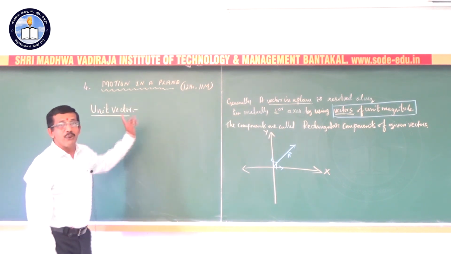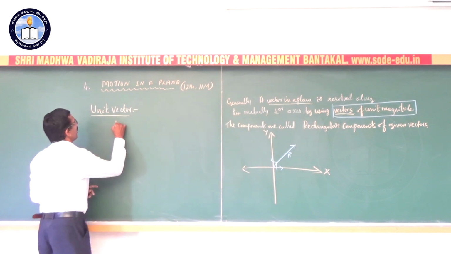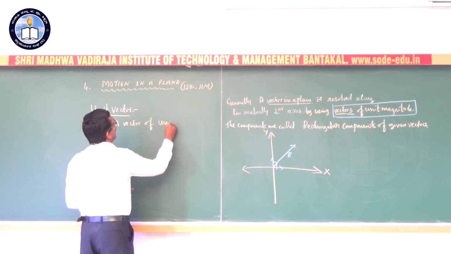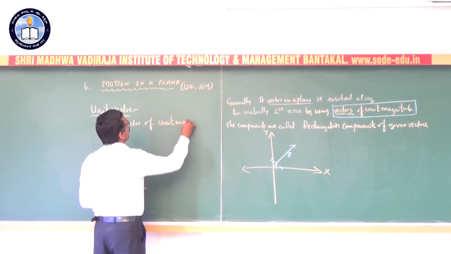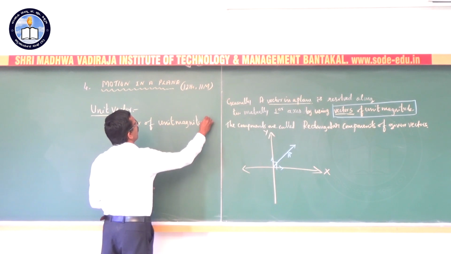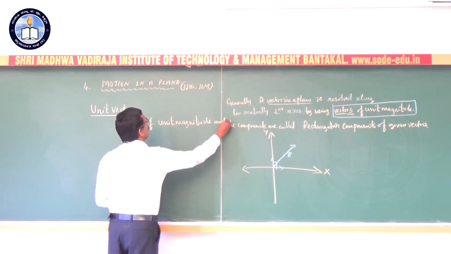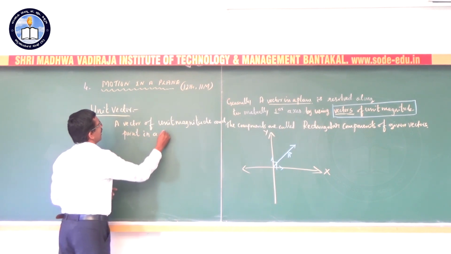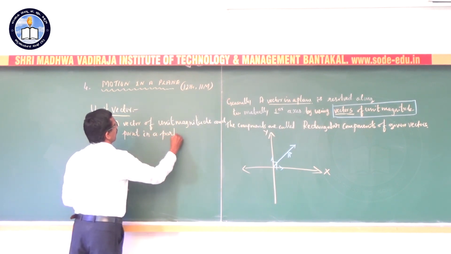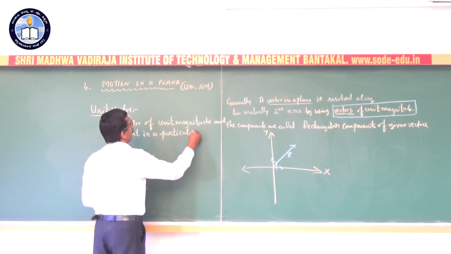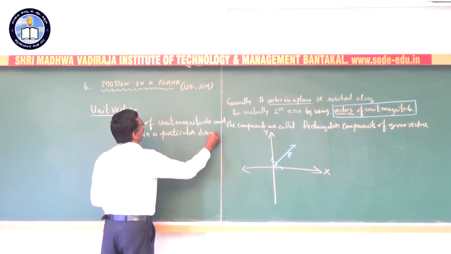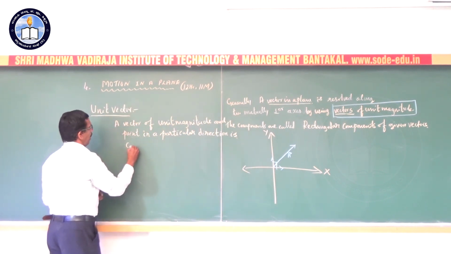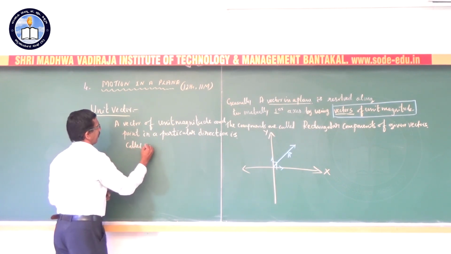Unit vector. What is unit vector? A vector of unit magnitude and points in a particular direction is called unit vector.